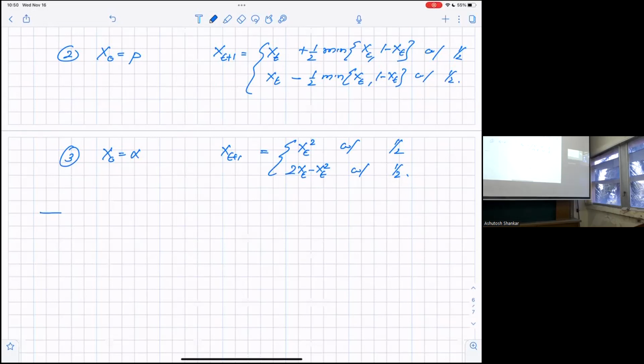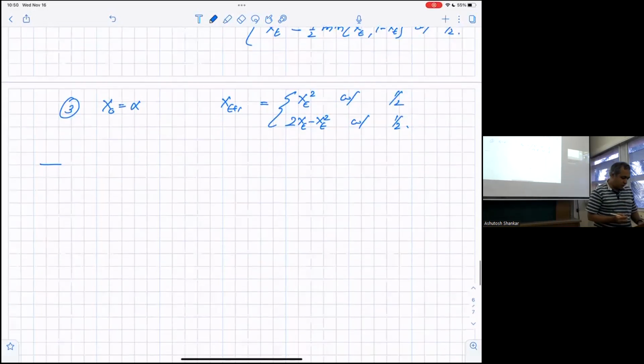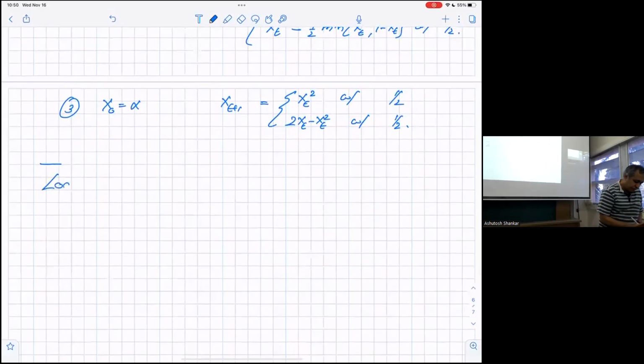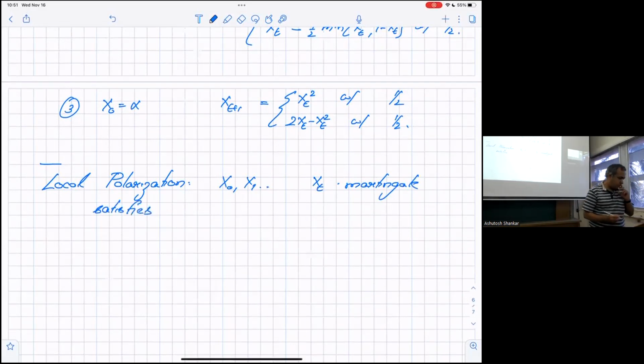This is a very local phenomenon, which we call local polarization. We say the martingale x_0, x_1, x_2 satisfies local polarization.